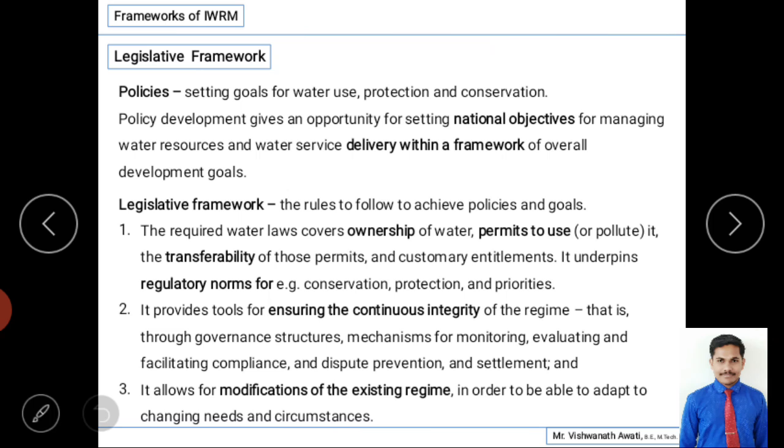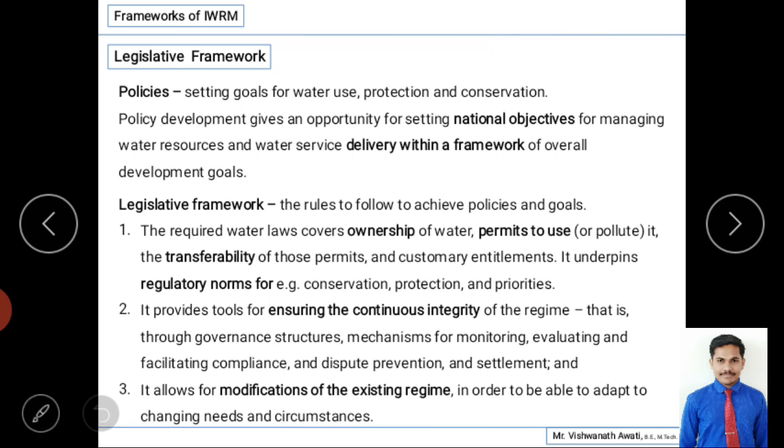So I'll repeat, very important. Legislative framework means it is mainly related to management of the water resource for good condition, and it gives how to use, who has to use, how much to use, right? It also takes into consideration protection and conservation by rules and regulations. It is a game of rules and regulation of management of water resource, right?